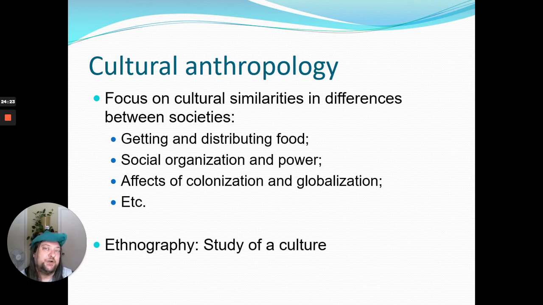Through field work, a cultural anthropologist goes and spends time in a community, usually months, sometimes even years, learning about the way of life or some specific aspects by hanging out and participating in the culture and interviewing people. But ethnography is also the word for the thing that gets written about that afterward, or filmed. So it's the documentation as well. That's a term that's going to come up from time to time because a lot of the knowledge in cultural anthropology comes from ethnographic studies.